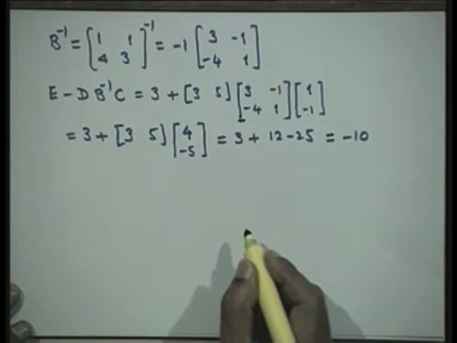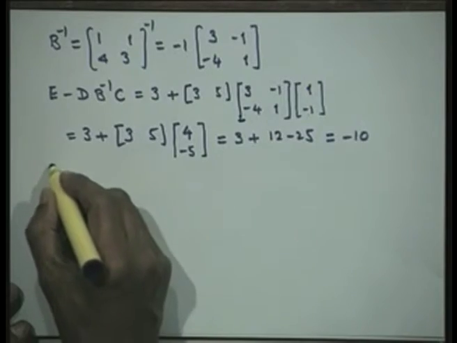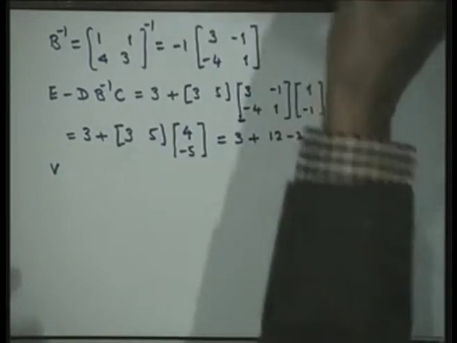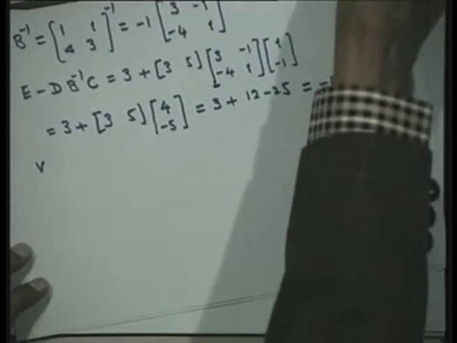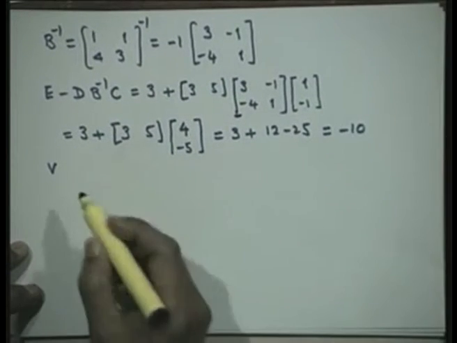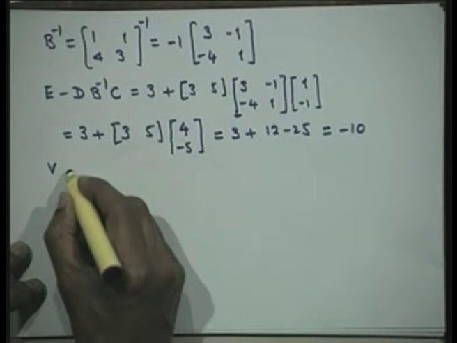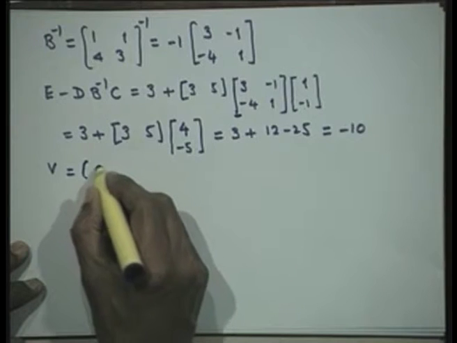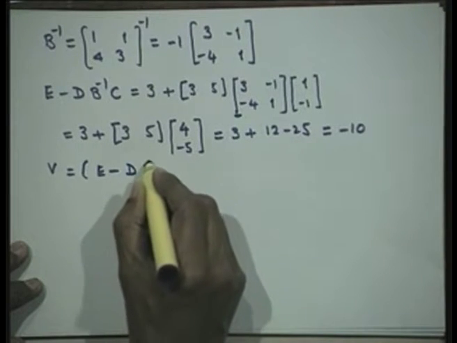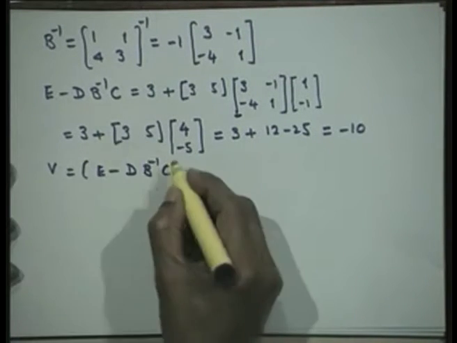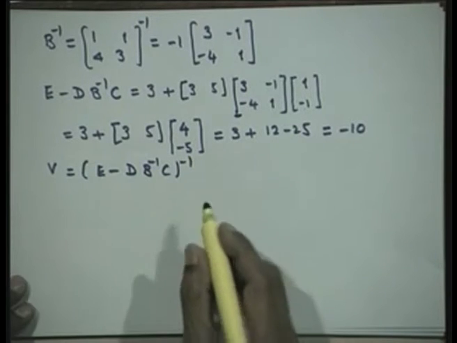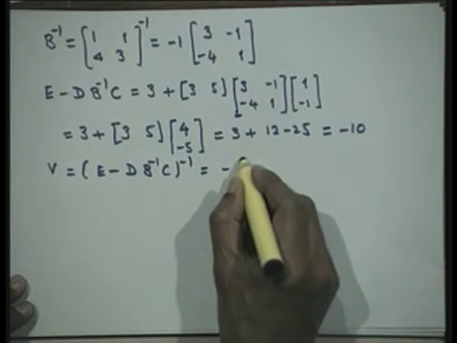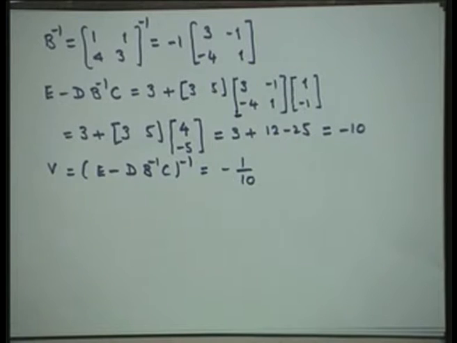Then we have shown that this partition part V is a 1 into 1 matrix, therefore it is simply an element, equal to the inverse of E minus D B inverse C. So, here it is a number, therefore, we simply get minus 1 upon 10.